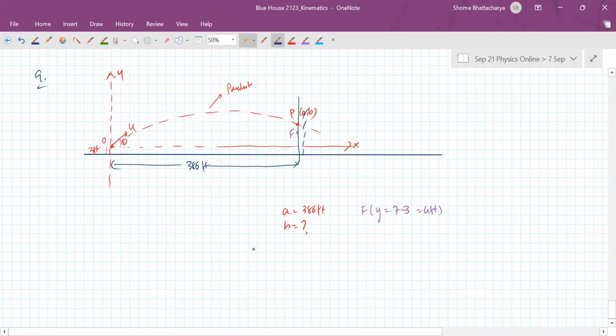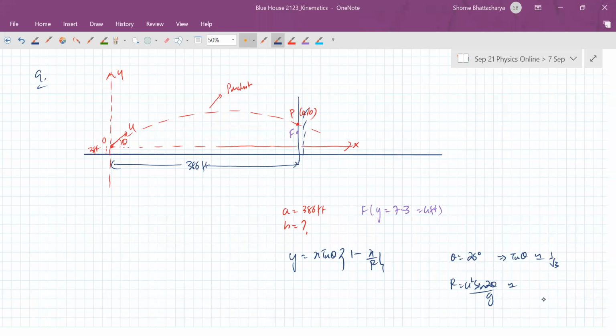Understood? Yes. So you again use the projectile equation, where your theta is 26 degrees. So tan theta will be approximately 1 by root 3. Now U was given to us as 132 feet per second.